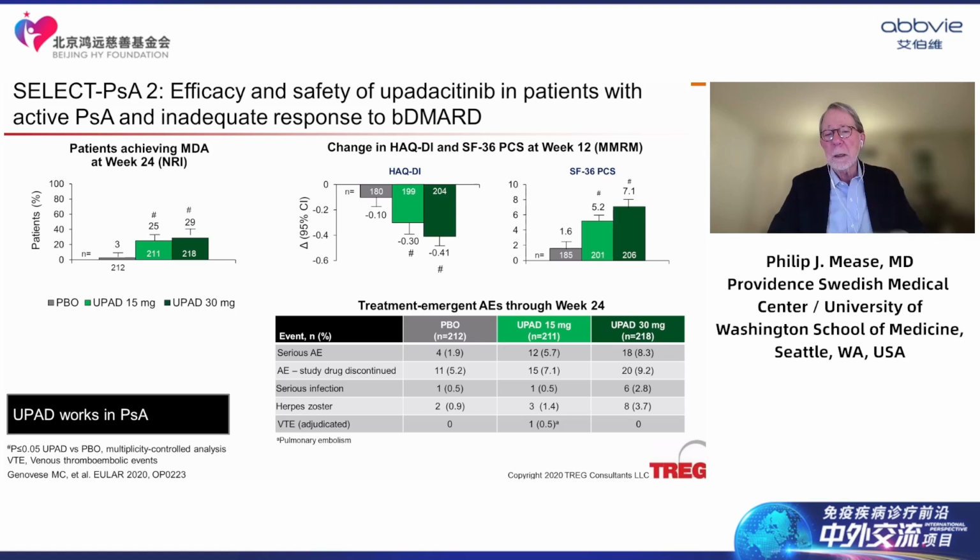And then in the safety aspect of the treatment program, the only thing that really stood out was that we had a higher rate of herpes zoster, which is something, as you know, can occur with a JAK inhibitor class of medication.